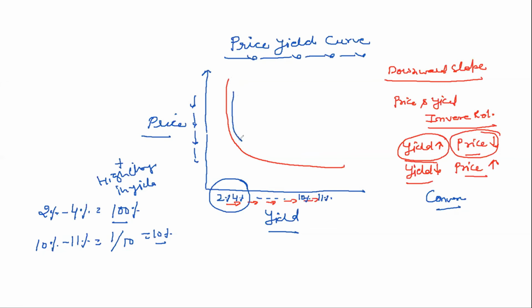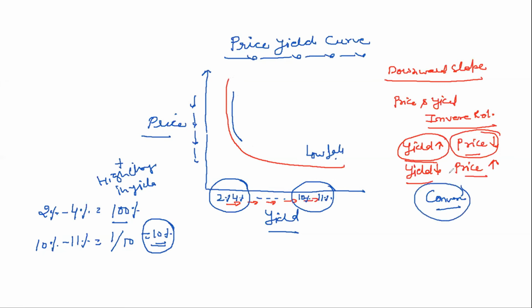That's why you can see a steep fall. But at higher yields, the percentage change in yield is low, so there is a low fall in the prices of the bond. That's why this curve is convex.